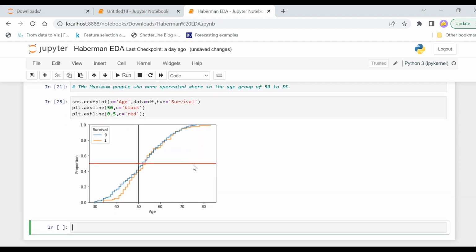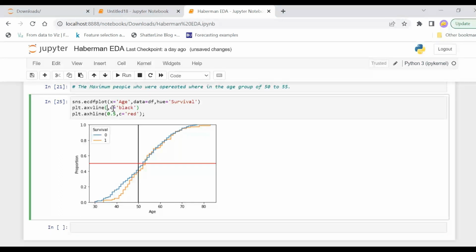So here you can see why I have done 50 here. I just wanted to know the proportion. This is the proportion, the percentages, and these are the ages. So in 50 I cannot find out anything. But suppose I change this to, let me do 63, for example.